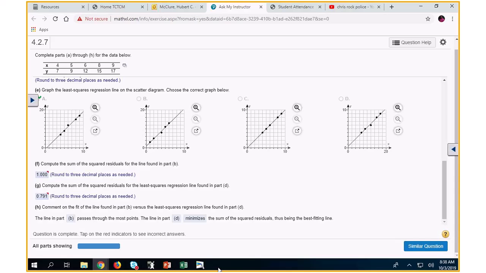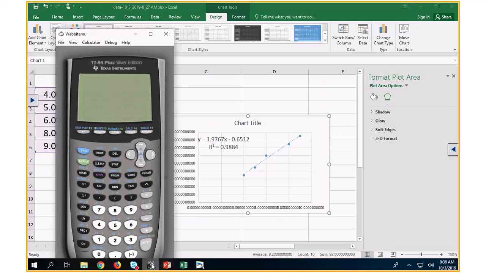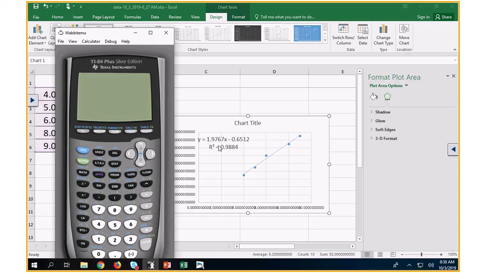Let's look back at what R is. 0.9884. I'm dyslexic today. 0.9884 raised to the 0.5 power. That does not round to 1. Okay, so I think that's incorrect. It's supposed to be 0.994.